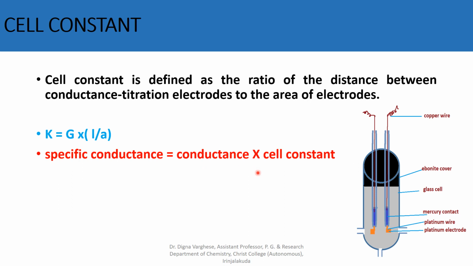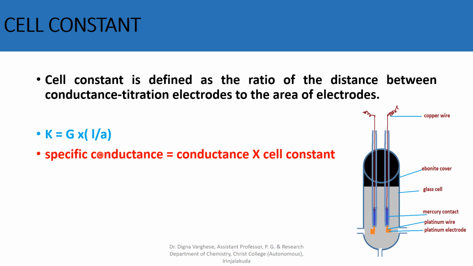So, the specific conductance K of an electrolyte is given by conductance into cell constant. Cell constant is the factor with which the observed conductance of an electrolyte solution is to be multiplied in order to get the specific conductance.